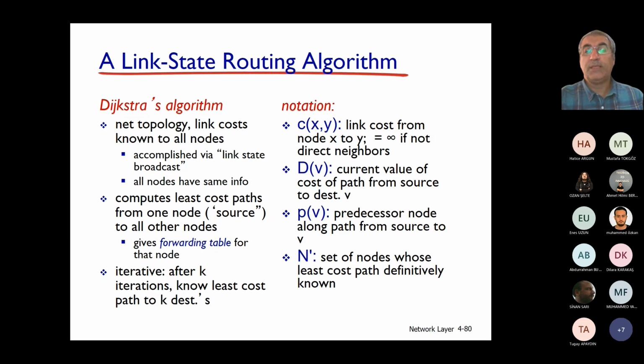D(v) is the current value of the cost of the path from source to destination v. p(v) is the predecessor node along the path from source to v, which is the one node just before the current node along the path from the source to the destination v. N' is the set of nodes whose least cost path is definitely known.